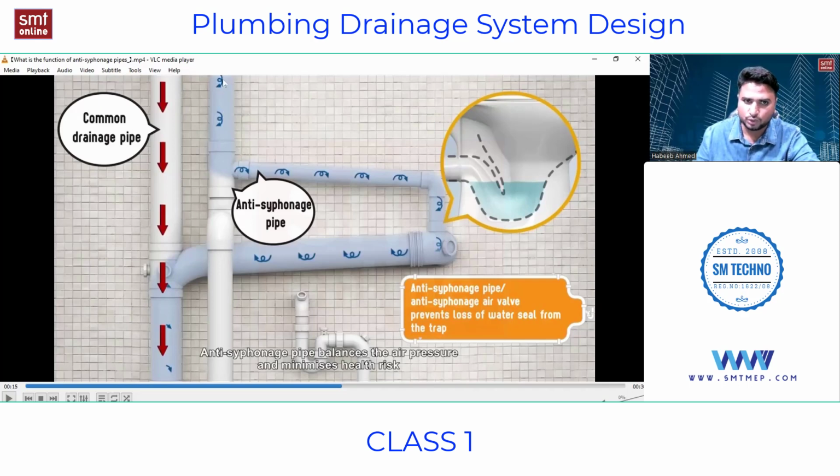Because this anti-siphonage pipe is connected to this horizontal pipe, and it is connected to this vertical pipe, which is nothing but a vent pipe, and this is open to the atmosphere at the other side. So whenever there is a suction or negative pressure, when it tries to suck, it is not sucking the water. It is not breaking the seal. It is bringing in fresh air, dragging air from the atmosphere, and going like this. In that manner, this water seal is being saved.